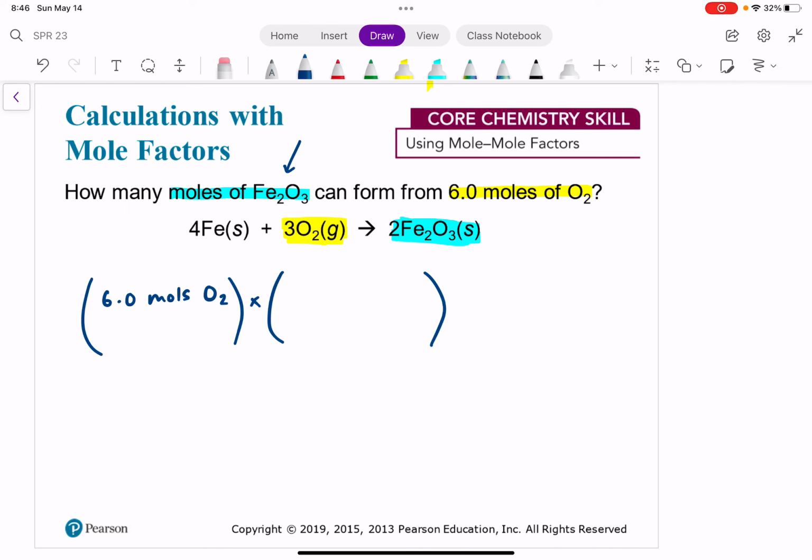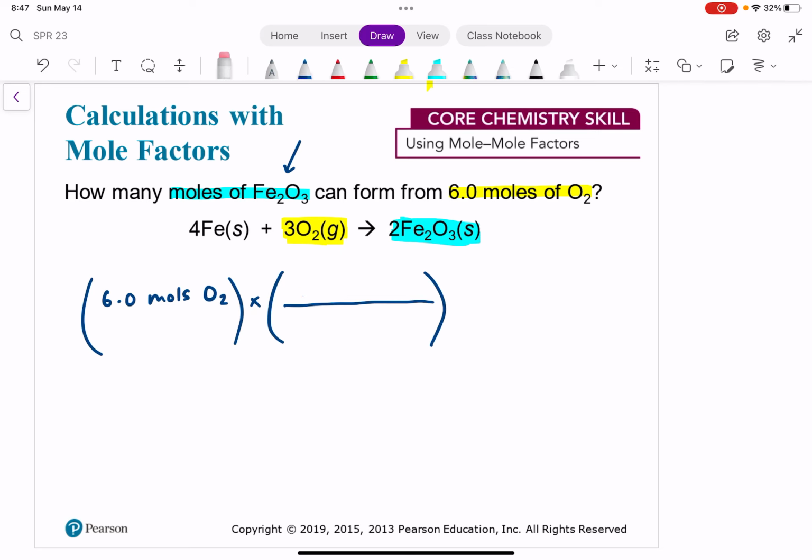Yeah, it's a 3-to-2 ratio. 3 moles of oxygen produces 2 moles of Fe2O3. So what goes on the top of our conversion factor? Well, we want to get to moles of Fe2O3, so that's going to go on top. What goes on top then? Is it 1 mole?